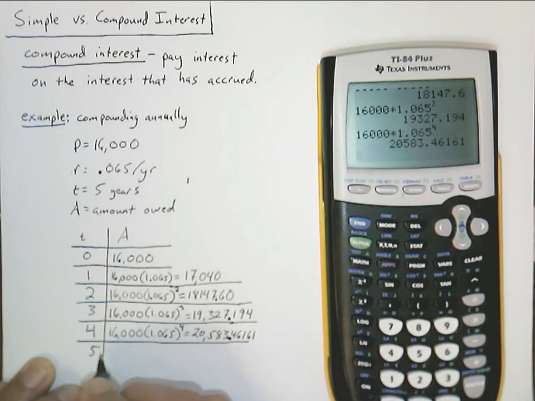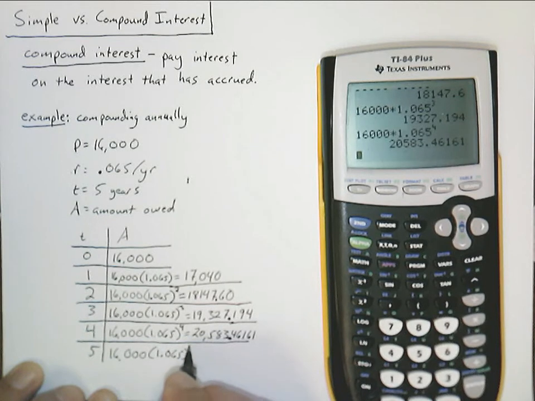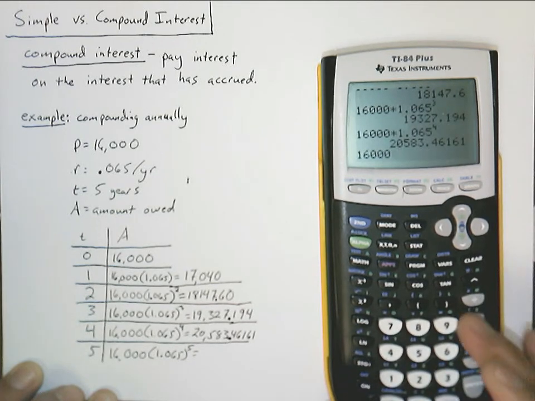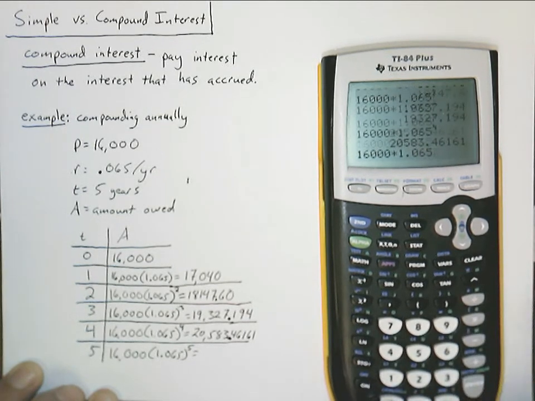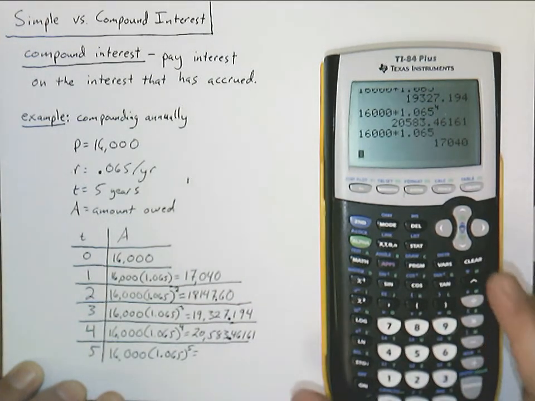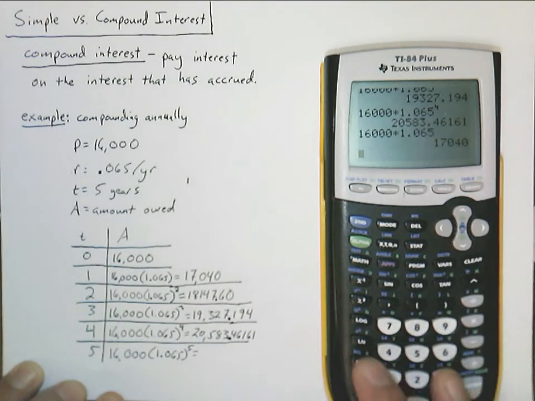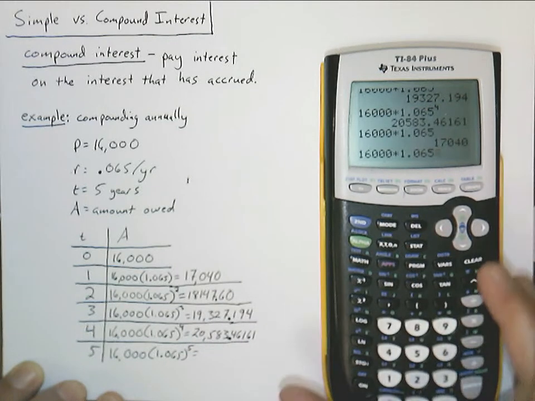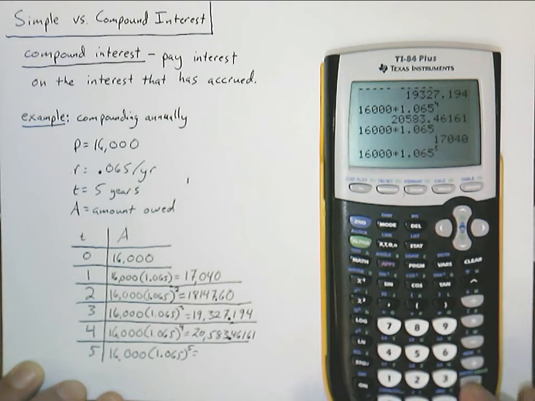And then finally, for 5 years, 16,000 times 1.065 to the 5th power. Right? One more factor of 1.065. Oops, I meant that to the power of 5.